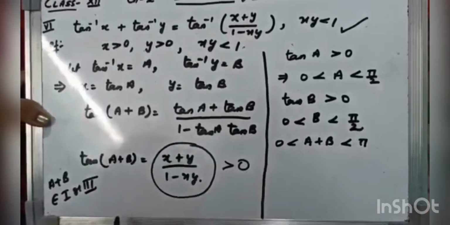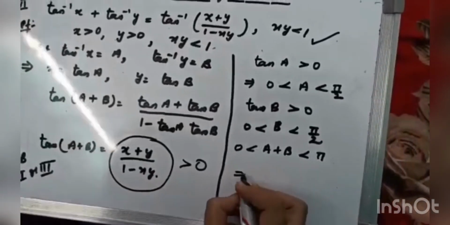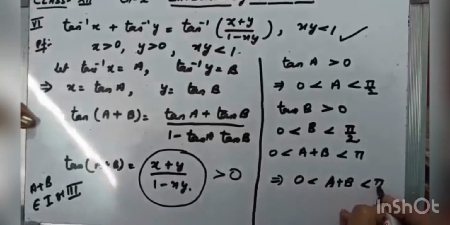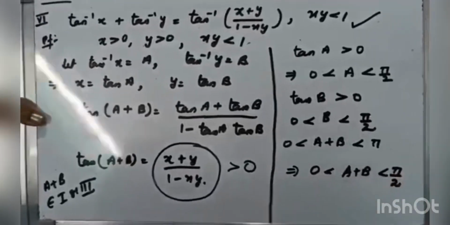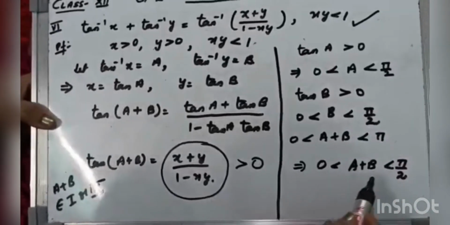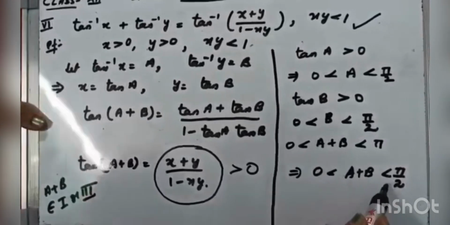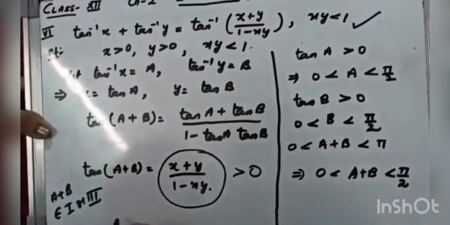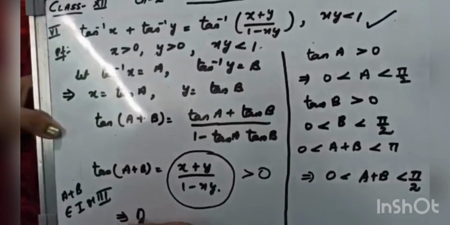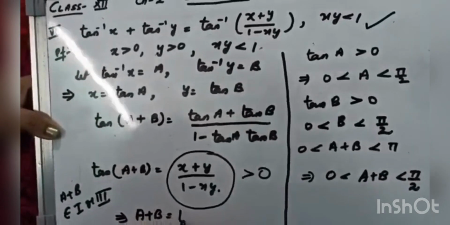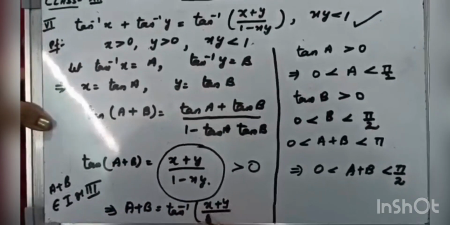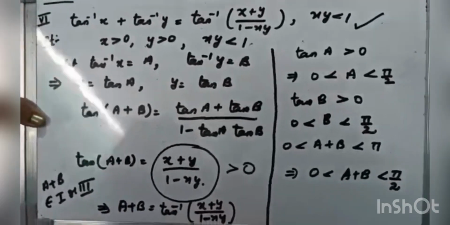So if we combine these two results, a plus b is greater than 0 and less than pi by 2, because the second quadrant is rejected. So this 0 to pi by 2 interval belongs to the principal branch for the tan inverse function. So this means a plus b can be written as tan inverse of x plus y over 1 minus xy.